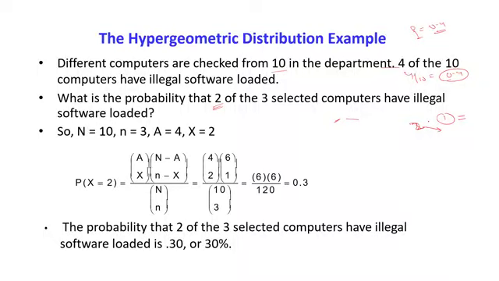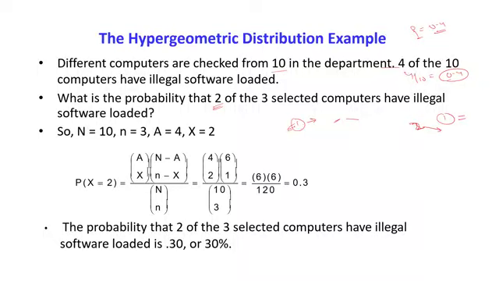So there is a count of illegal software or illegal computers. If I'm selecting three randomly, and the first one is found to be an illegal software loaded computer, then the probability of the second computer being illegal would depend on this first selection.